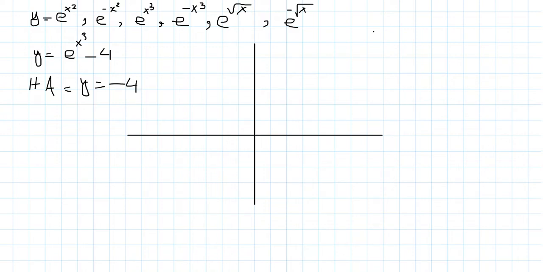Let's draw my asymptote here. Suppose that here is minus 4. And I should start from top of here. Here on minus 3 will be my inflection point. Inflection point always is 1 bigger than this.